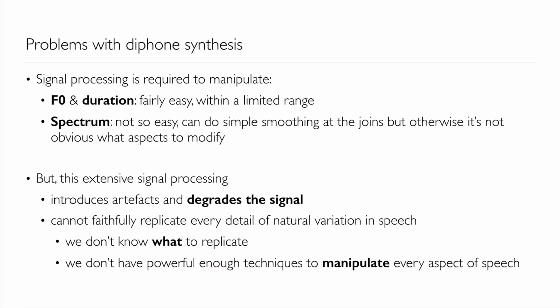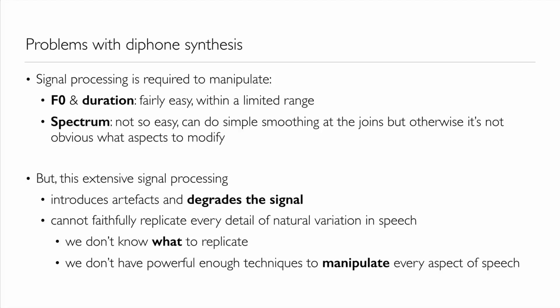Now, while diphone synthesis has solved the local co-articulation problem by hardwiring that into the unit type, in other words, considering left or right phonetic context, it doesn't solve any of the other problems of variation according to linguistic context. And so our single recorded example of each diphone still needs to be manipulated with some fairly extensive signal processing.